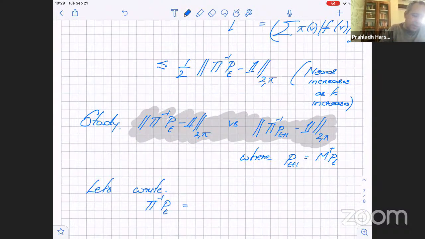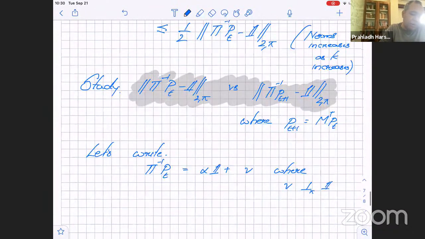Let's write it as some alpha times 1 plus a vector v, where v is orthogonal to the all ones vector in the pi norm. I'm just writing it in this basis: some scaling of the first eigenvector and something orthogonal to it. This is similar to what we did in the expander mixing lemma.